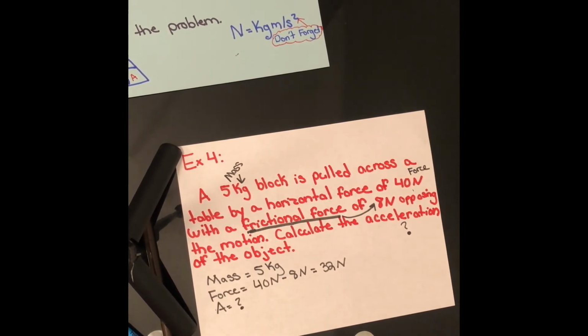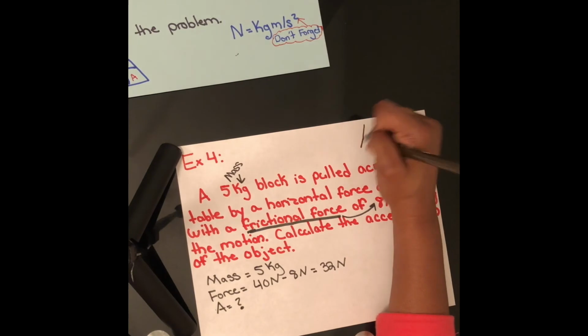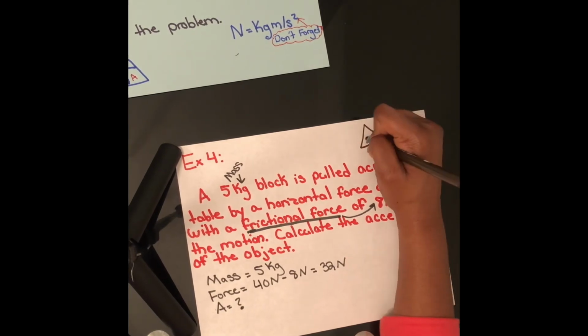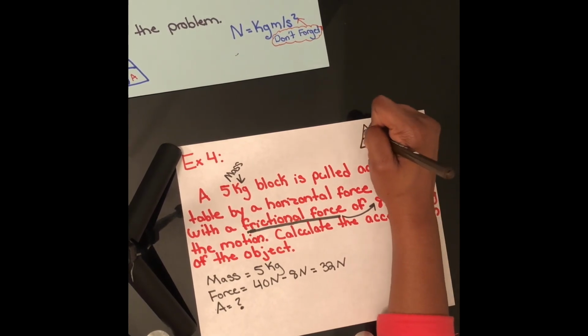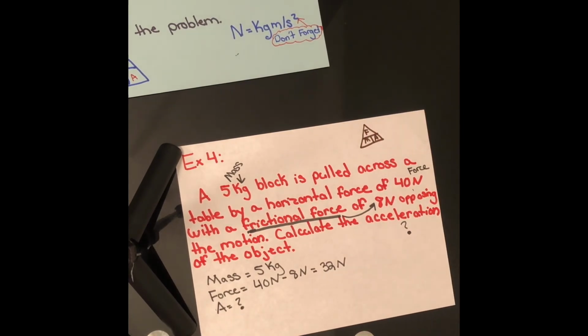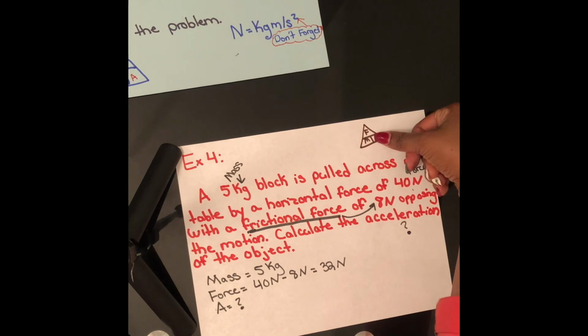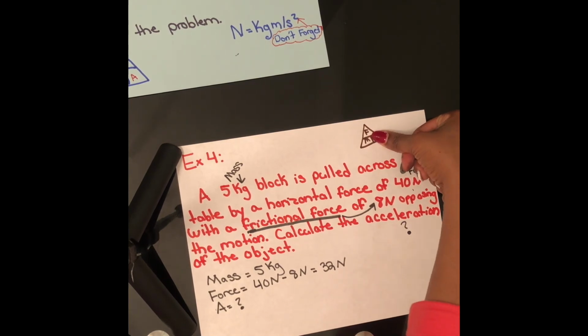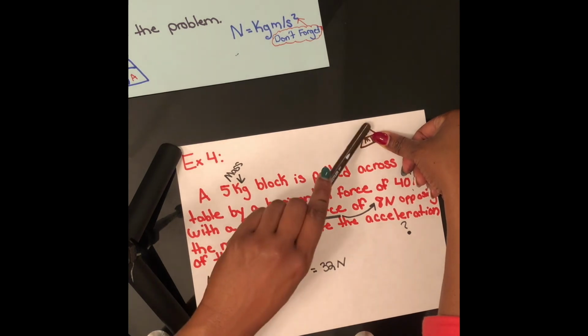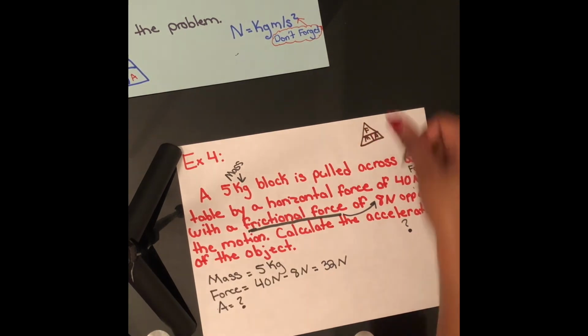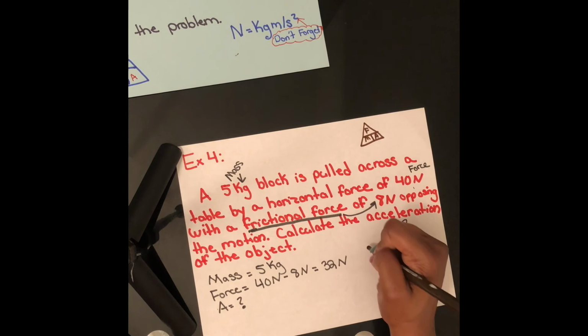Before I get started, I do not want to move on unless I write out my fancy triangle each and every time. The question is asking us for acceleration. If I cover up acceleration with my thumb, I see that in order to solve acceleration, I have to divide force divided by the mass. So let's write that out.